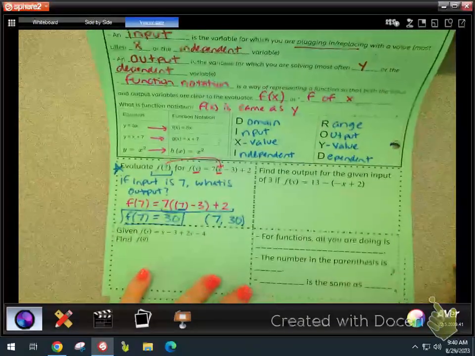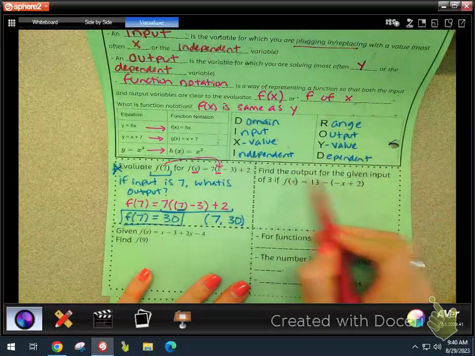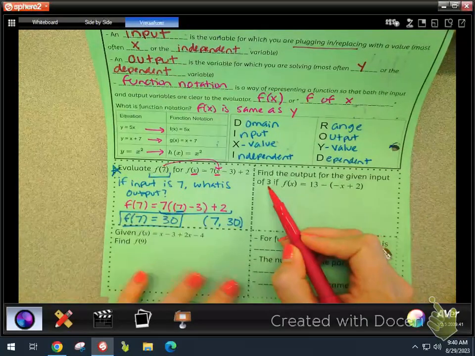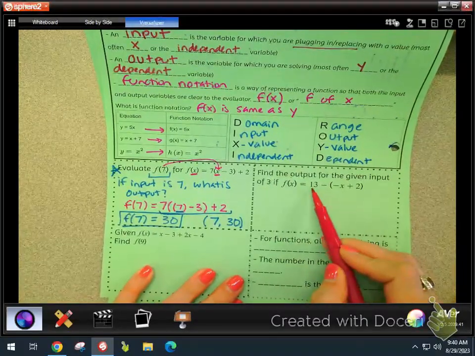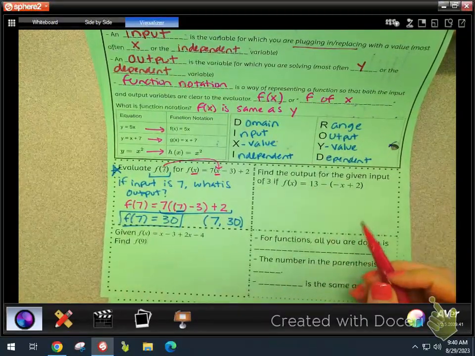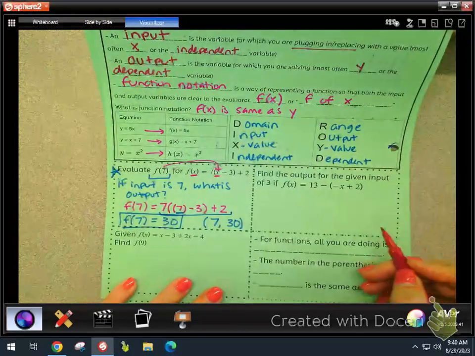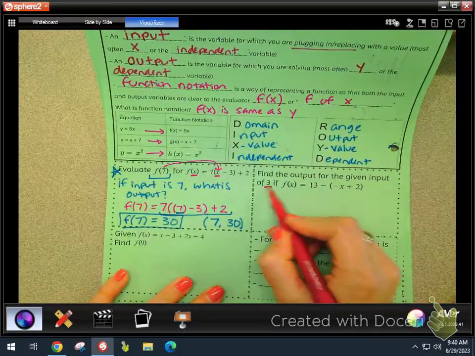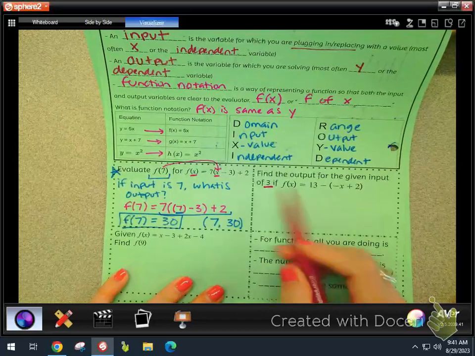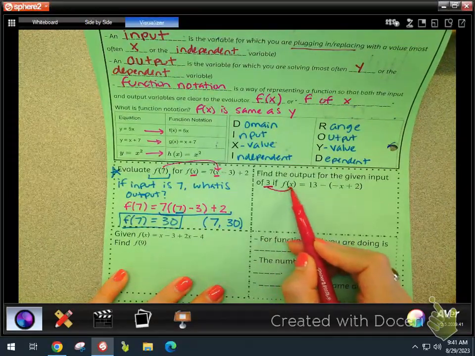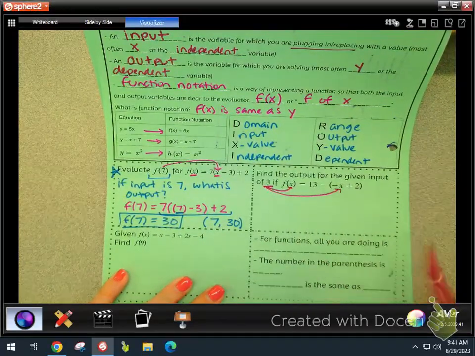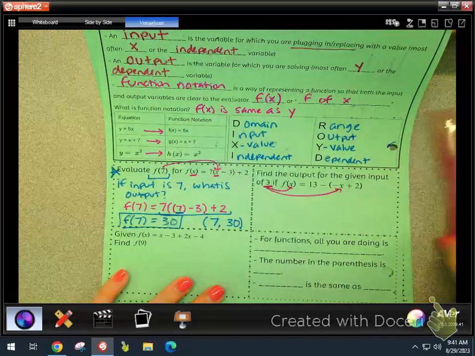All right. Let's look at this one. Find the output for the given input of 3 if f of x equals 13 minus negative x plus 2. Okay? What's our given input here? 3. So where are we going to put the 3? Where the x is. Okay, notice I put 2 because I want to write f of 3 on this side.